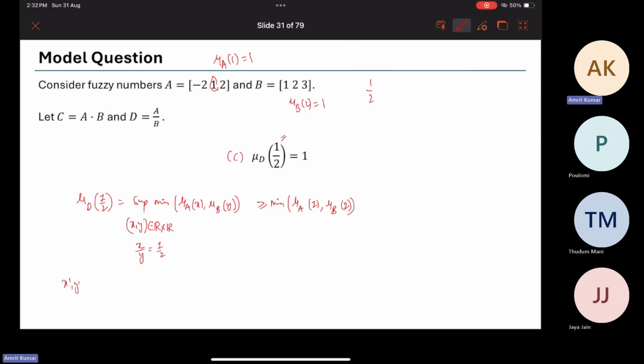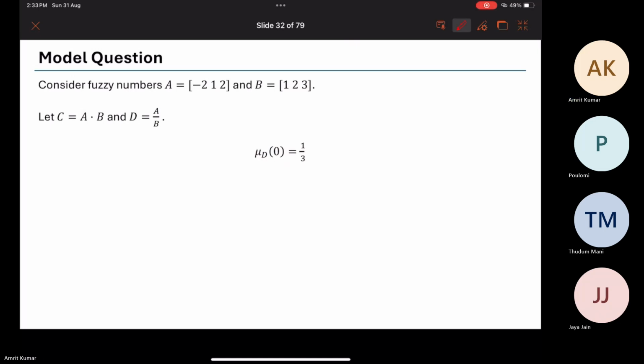Because x dash comma y dash equal to 1 comma 2 is a pair in R cross R such that x dash divided by y dash is 1 by 2. We are taking the supremum over all such pairs, so that supremum will definitely be greater than or equal to the minimum of mu A of x dash, which is mu A of 1, comma mu B of y dash, which is mu B of 2. This is the minimum of 1 comma 1, and this again is 1. But a membership function is always in the unit interval. And if it is greater than or equal to 1, then that means mu D of half is 1. So this option is correct.